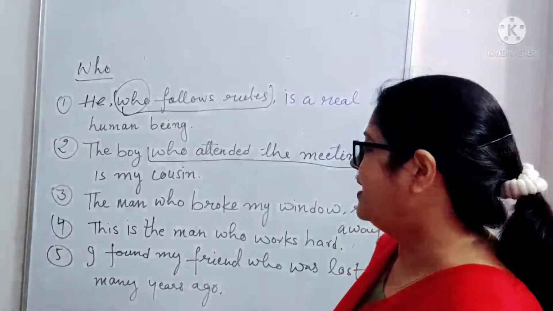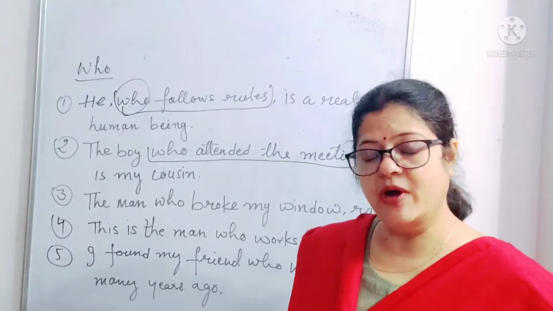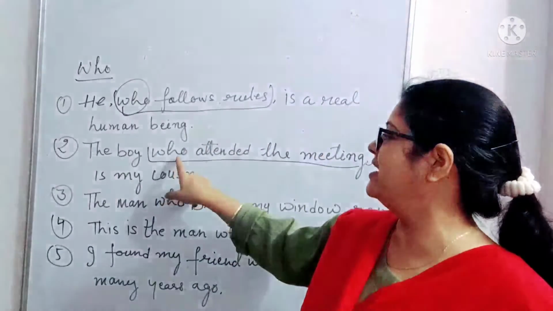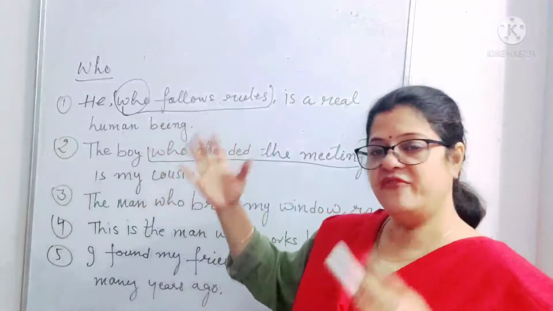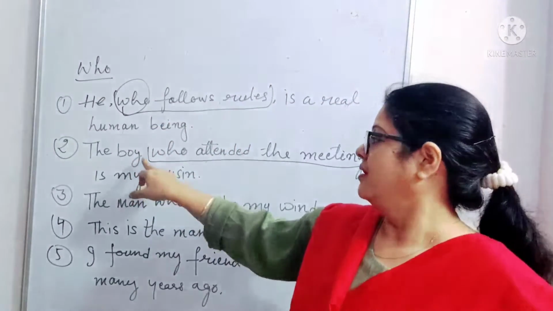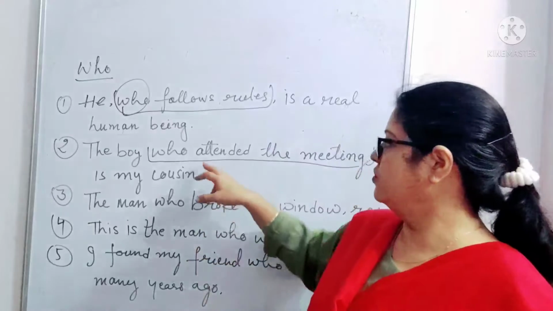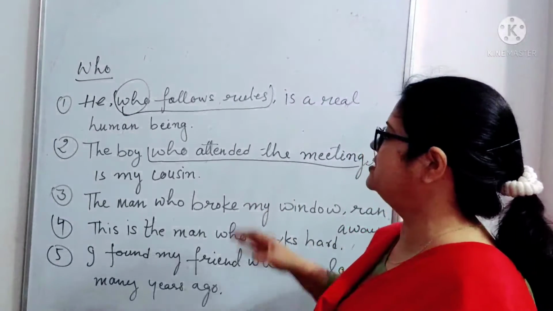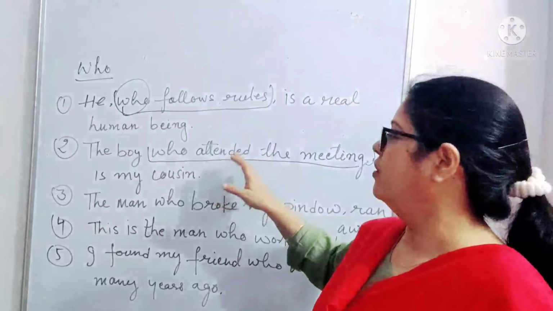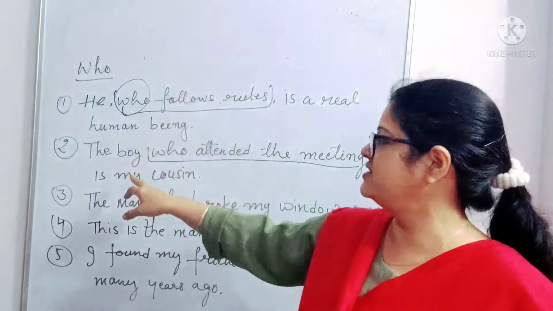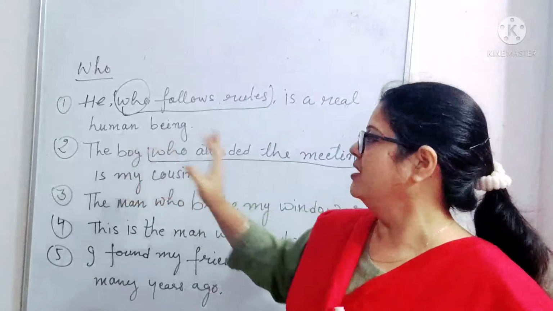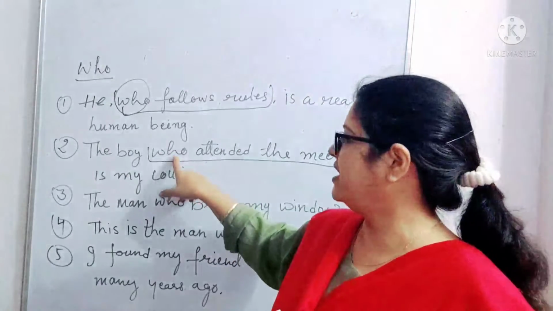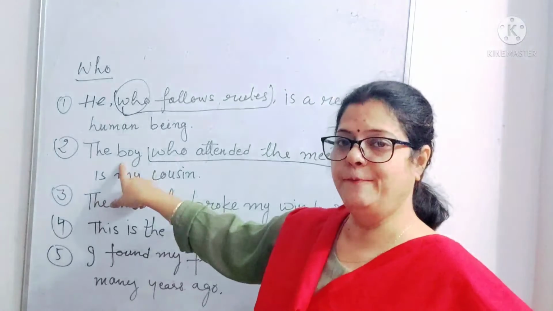But we need to know which boy we are talking about, so that is why we have put this relative pronoun just after "boy." This whole subordinating clause is a relative or adjective clause describing this boy in the principal clause. So this "who" is connecting with this boy.